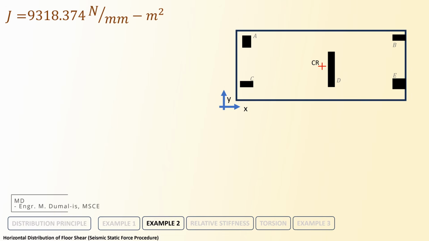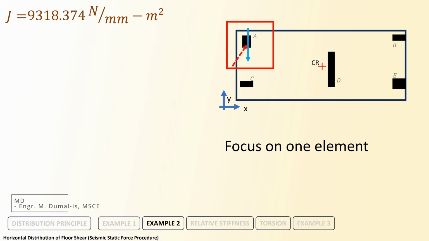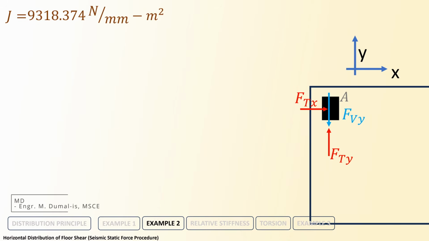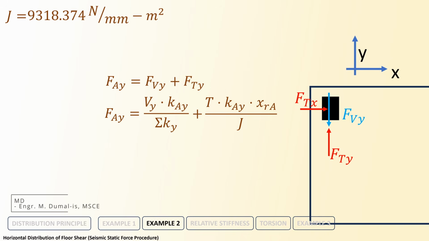We can now compute for the forces in each element. Let's focus on column A. Based on the assigned direction of the shear and torsion, I am able to identify the direction of the components of the forces applied to column A. Here are the formulas for the forces along x and y for column A. We prioritize the calculation of Fy.